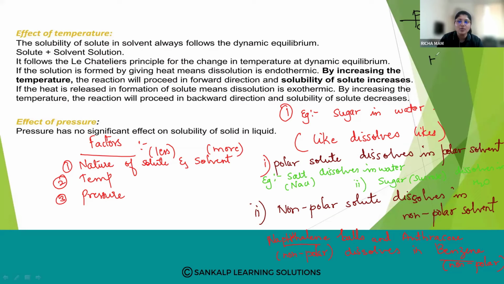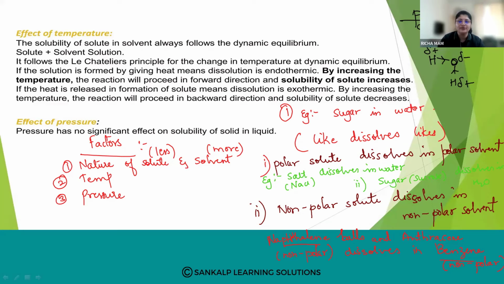Suppose water, H2O. There is one oxygen and two hydrogens. Due to an electronegative atom like oxygen, it will tend to pull the electrons towards itself. As a result, there will be development of a partial negative charge on oxygen and partial positive charges on the hydrogens.